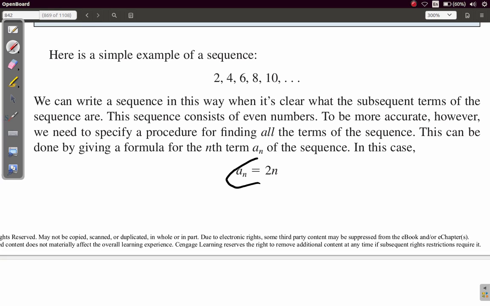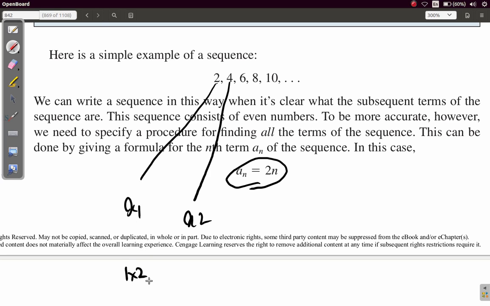It's given here, but let's not look at this yet. The first number is 2, a_1. The second is 4, which is a_2, and so on. Now, how could you possibly get a_1? Could it be that you take 1 and multiply by 2?